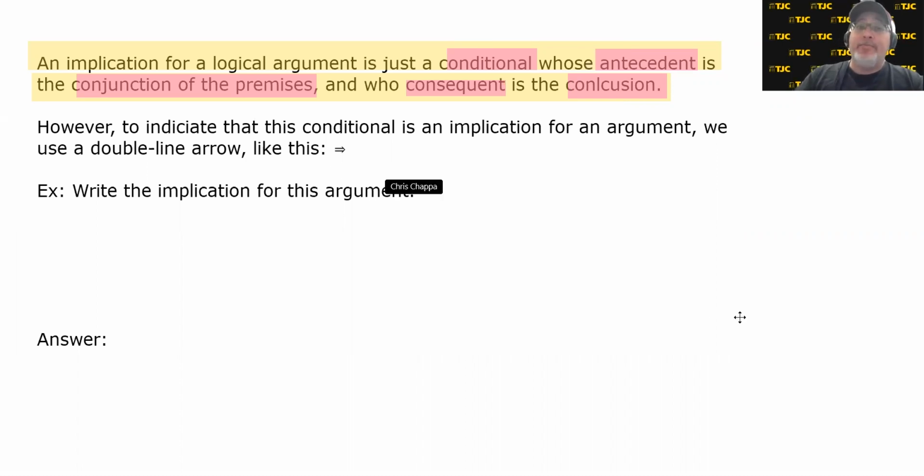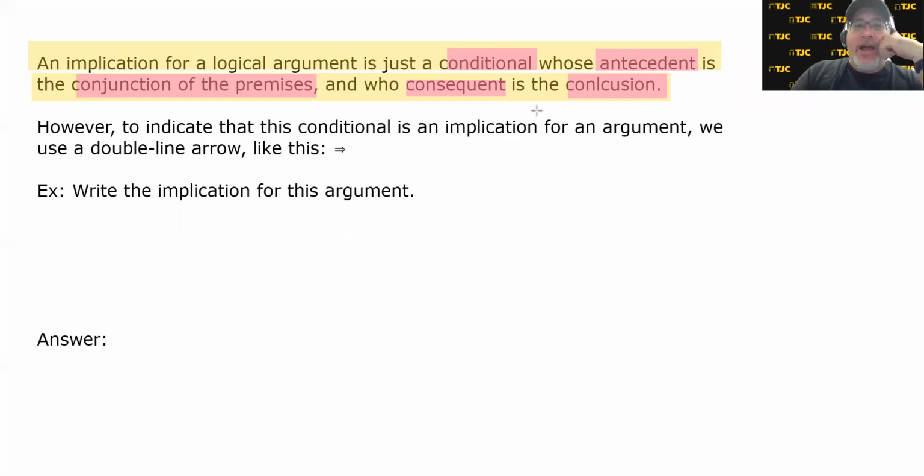There is one difference, however. An implication is a conditional, but to indicate that this conditional is an implication for an argument, so in other words, to indicate that the if-then statement is capturing an entire argument, we use a double line arrow like this. And again, my apologies for the small font size.